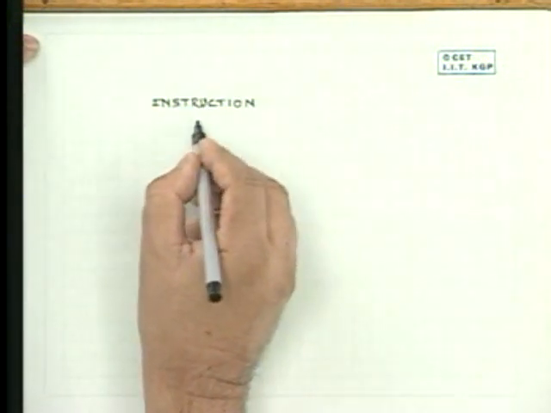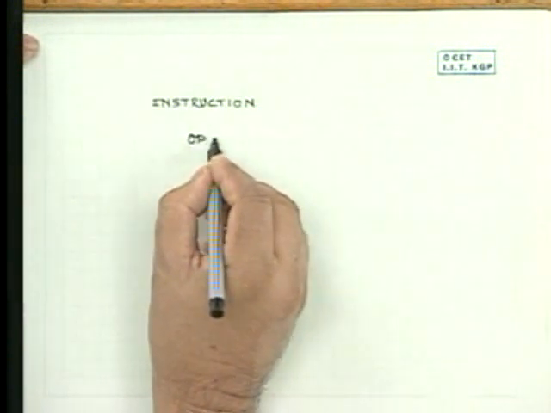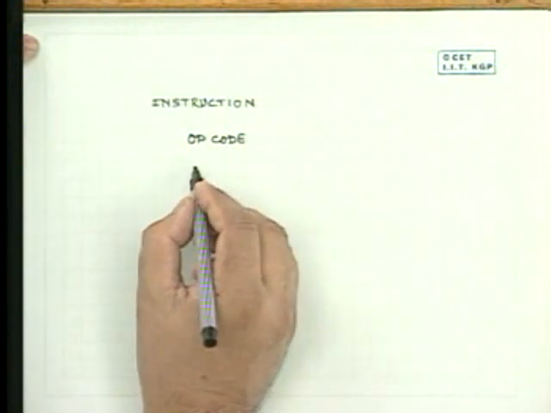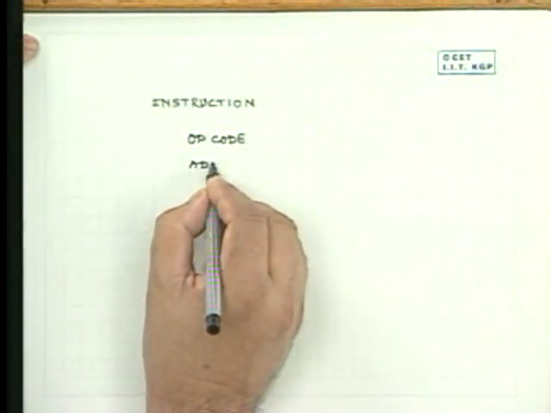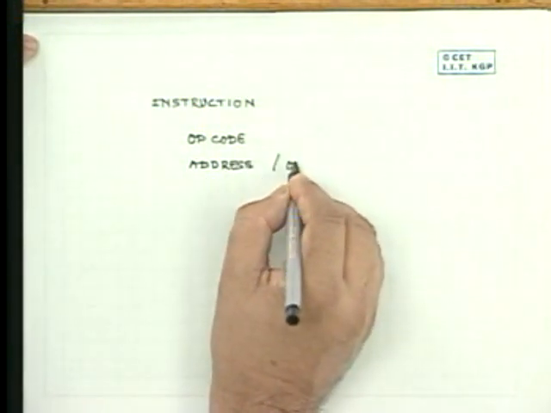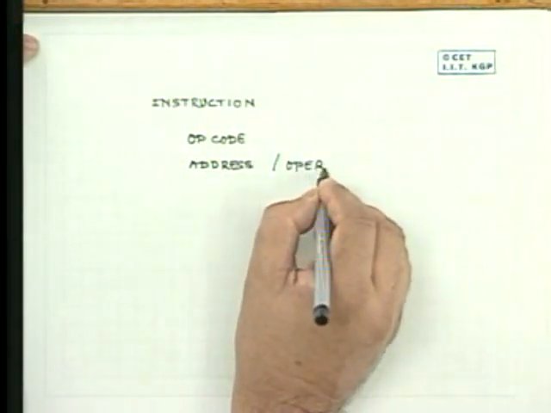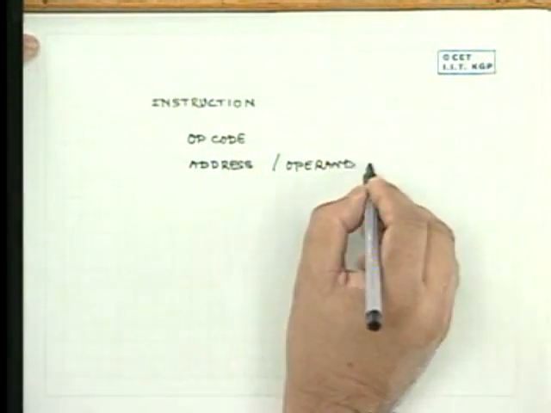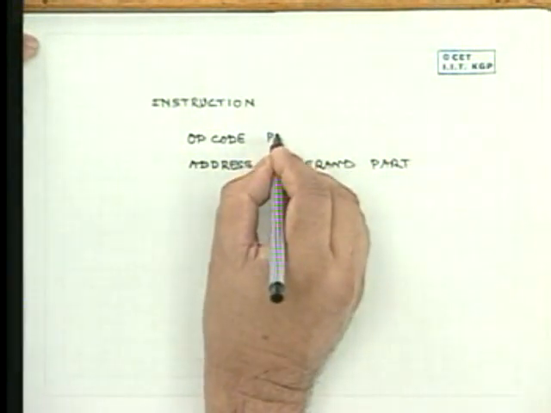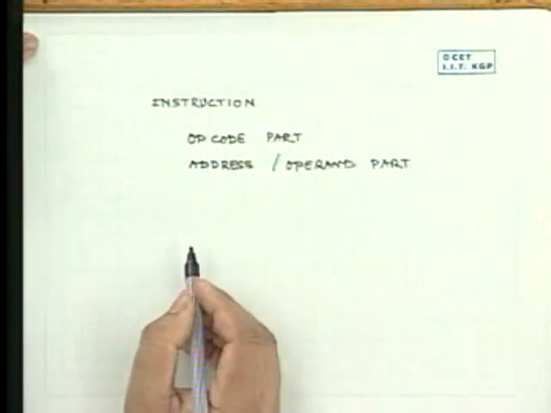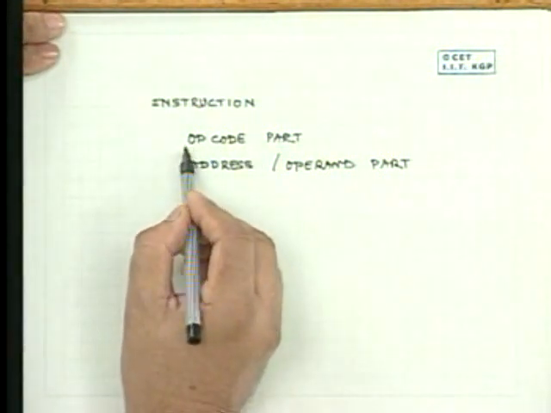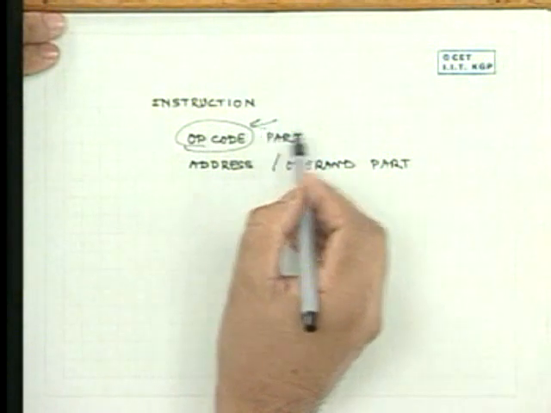As I said, one is the opcode part, another is basically the address, or you can say operand part. Now, depending upon the machines, naturally that opcode will vary.